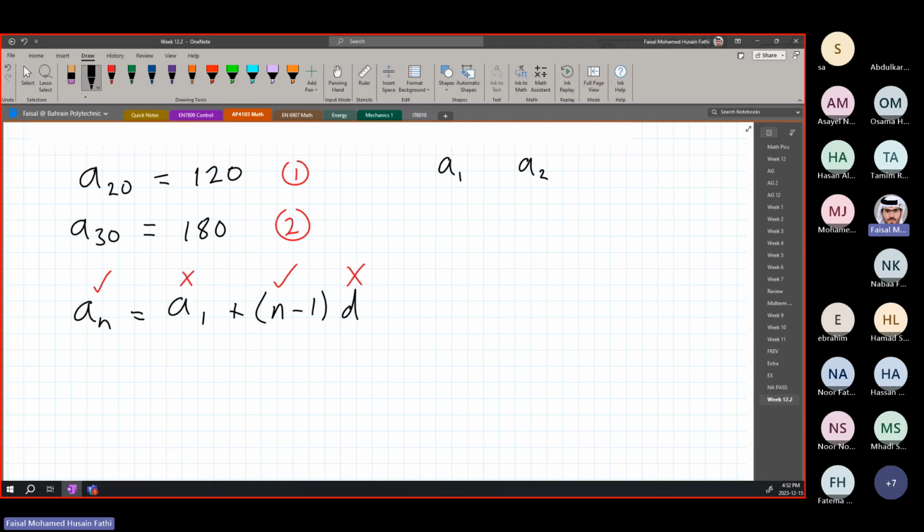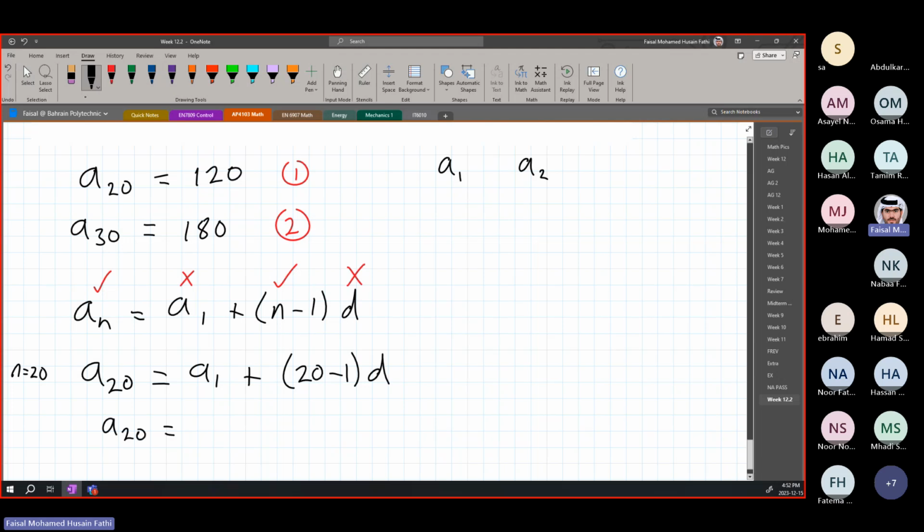So equation 1, we will substitute n equal 20. So A20 is equal to A1 plus 20 minus 1 times d. A20 is 120. We already know that this is 120. This is from equation 1.